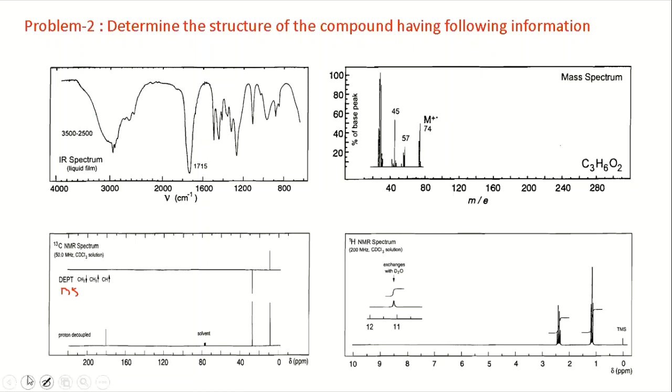Now let us solve this one also. Look at the IR and tell me what information you have here. In the IR you have a peak around 1715 cm inverse, and you have a broad peak.